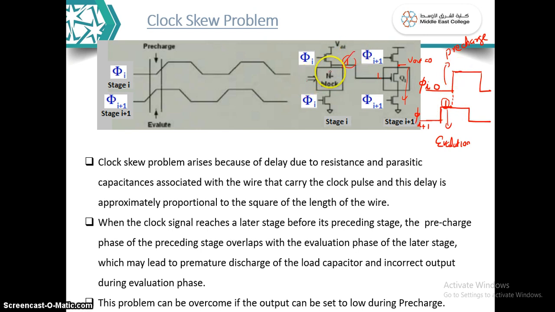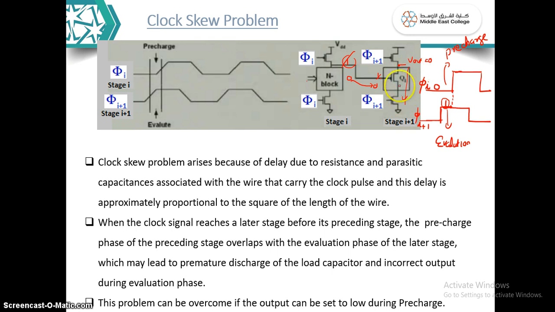Your actual output, this NMOS is on and the actual output is 0. So this is your actual output of the first stage. By the time the 0 comes, the second stage was already precharged to VDD, that is discharged already, and now your output is 0. So now it cannot take this output back to VDD.